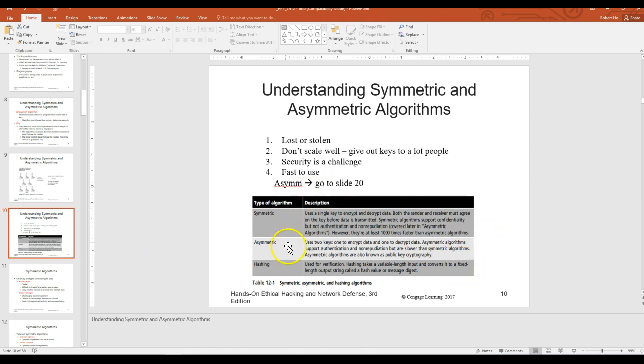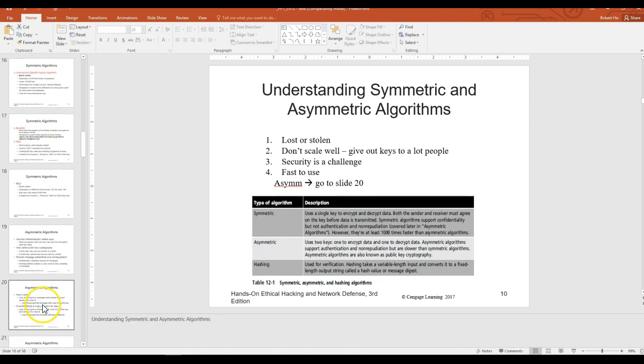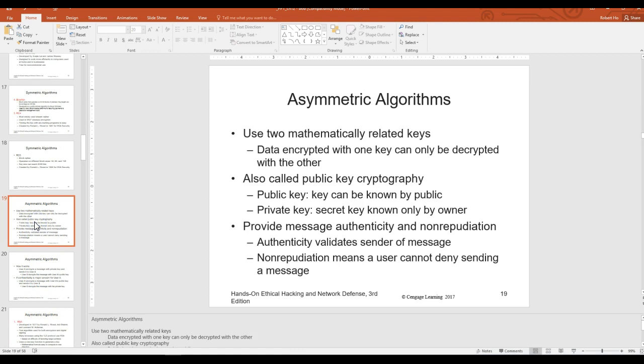All right, so let's talk about the asymmetric, which is on slide number 20. Asymmetric uses mathematically related keys. Data encrypted with one key can only be decrypted with the other key. So the person that holds the private key can decrypt it. Without that private key, we cannot decrypt it.